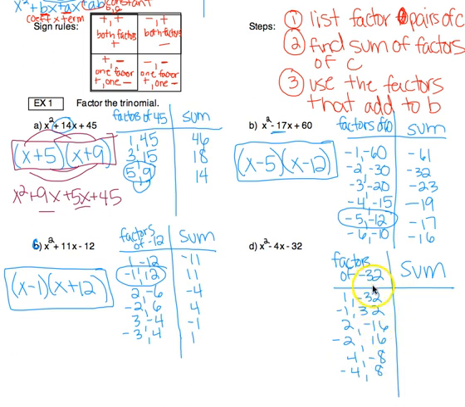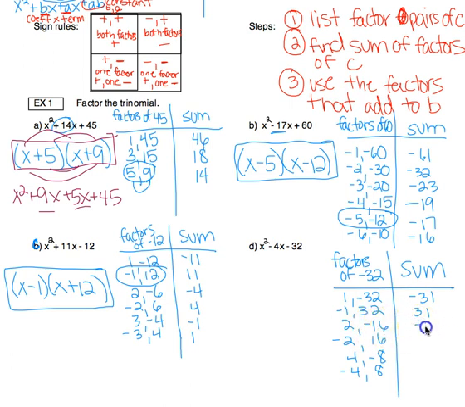It's not divisible by 5. It's not divisible by 6. It's not divisible by 7. So this is the entirety of my list. I find their sum. 1 plus negative 32 is negative 31. This one would give me the positive version.